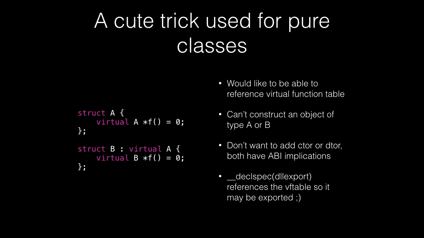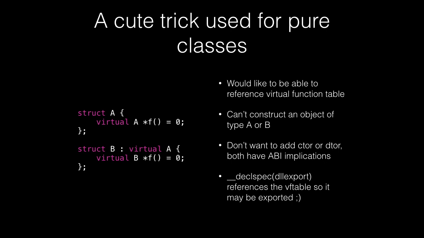In order for struct A or struct B to be used across interface boundaries, all of a sudden, all of its virtual functions and virtual function tables and all of its other ABI minutiae must be visible across an ABI boundary. And this was actually mighty useful. We use this trick over and over again to find bugs in all sorts of really weird places where something assumes that, oh, we can never possibly have a copy operator for a pure thing. That'll never happen. Like, no, actually, it can happen.